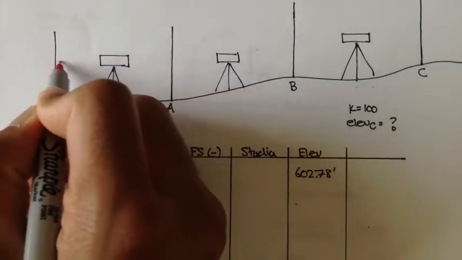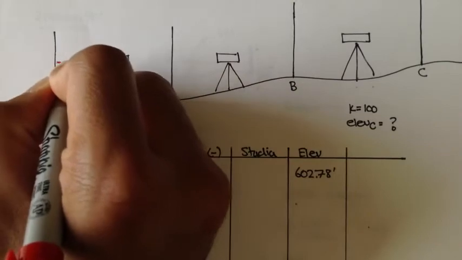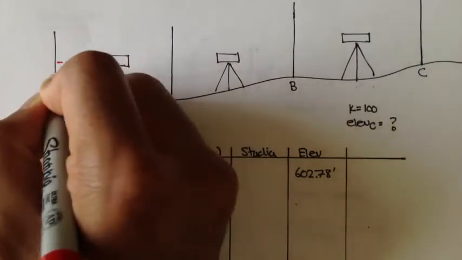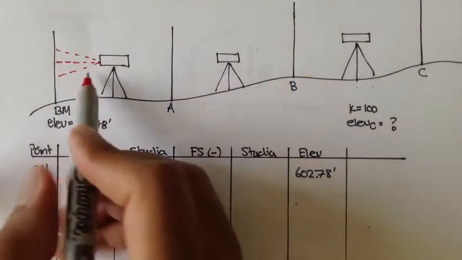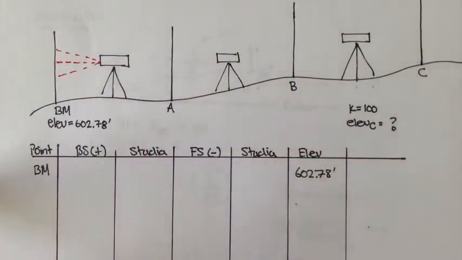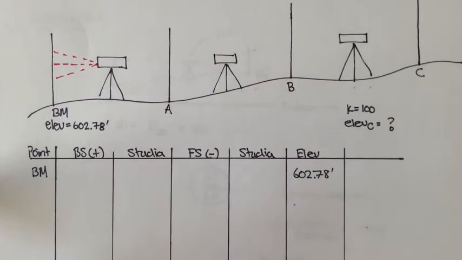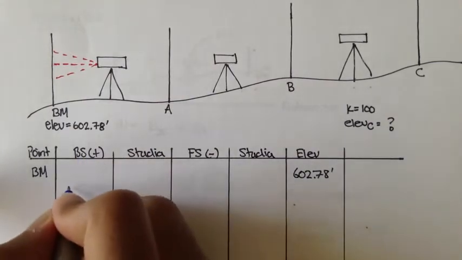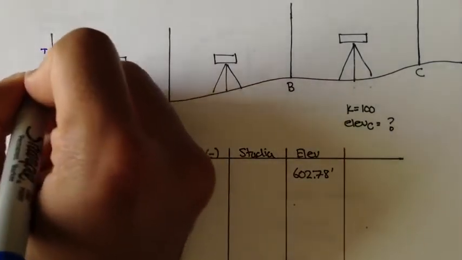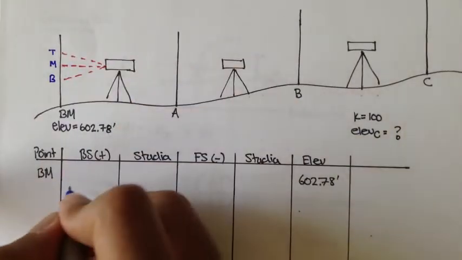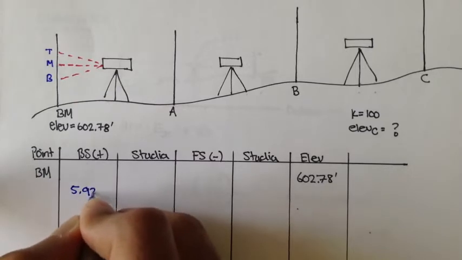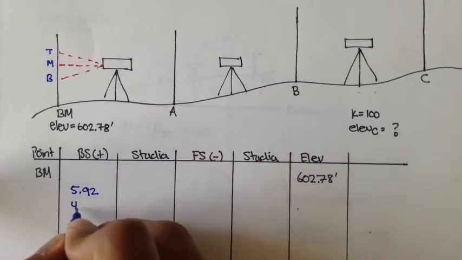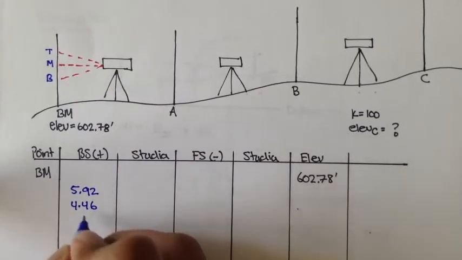We take one here, and one here. And the top, middle, and bottom, respectively, I'm going to write down the backsights for the top, middle, and bottom are 5.92 feet, 4.46, and 3.01.